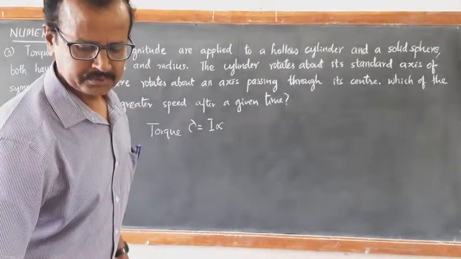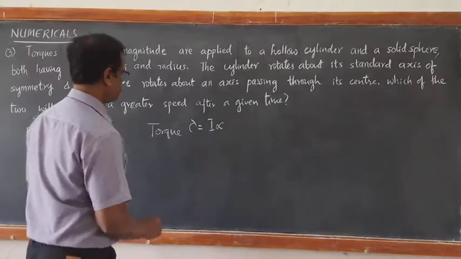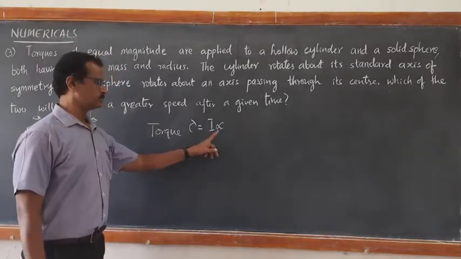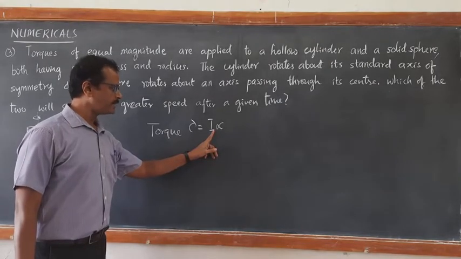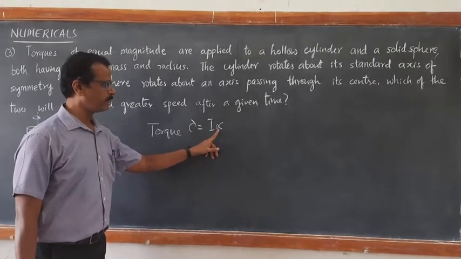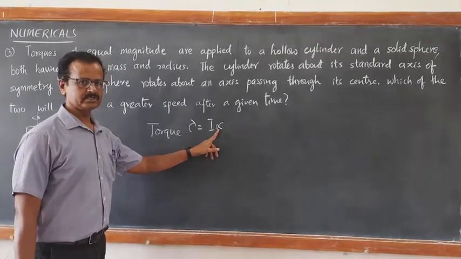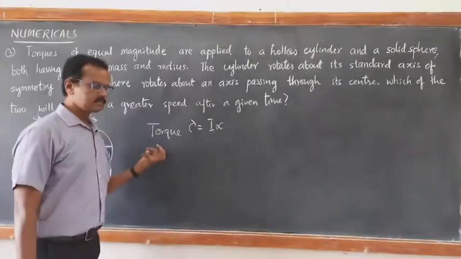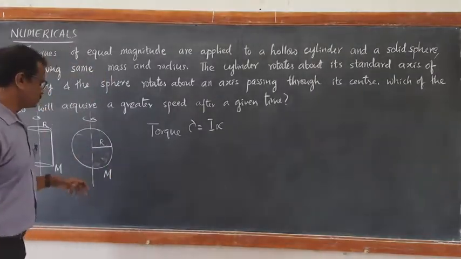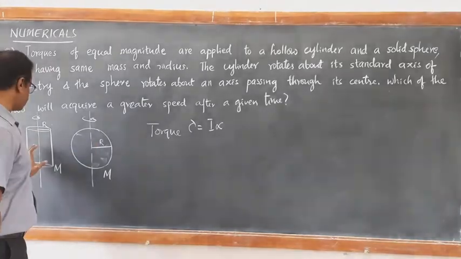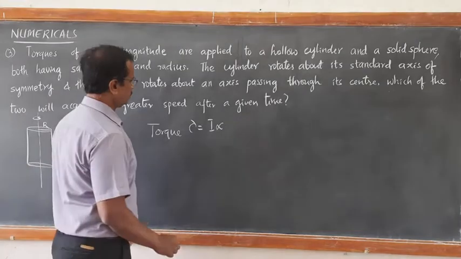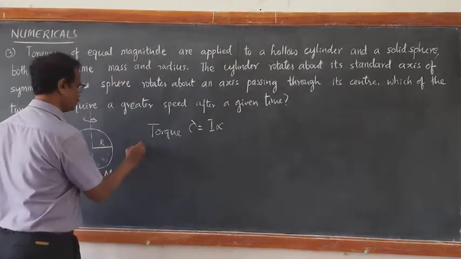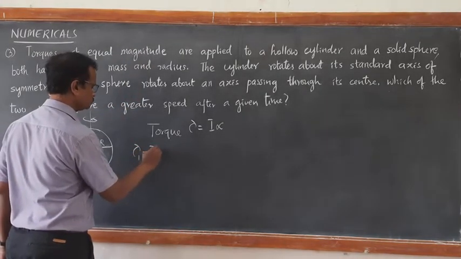If you use this equation, torque is directly proportional to moment of inertia, and based on that we have the angular acceleration. But here the same torques are acting on both. The torque acting on the sphere as well as the cylinder are the same. So let us say tau 1 is equal to tau 2.